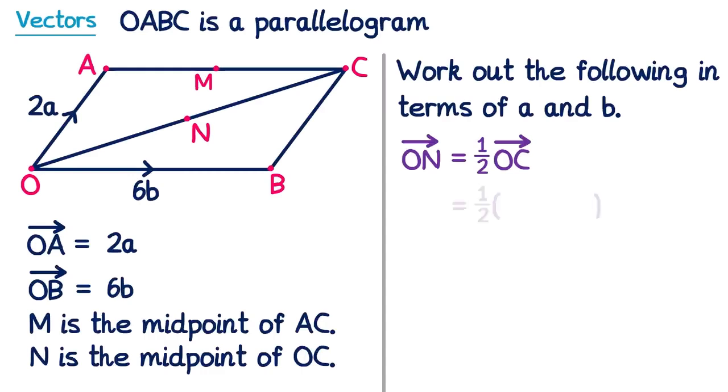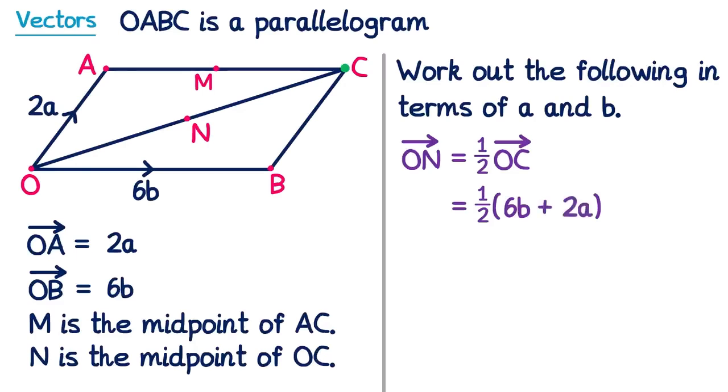So we can write 1/2 and then put a bracket, and then inside this bracket we'll work out the vector OC. So let's bring the green dot back, and to get from O to C, we could go from O to B, which is 6B, and then from B to C, which earlier we knew was the same as OA, so 2A.